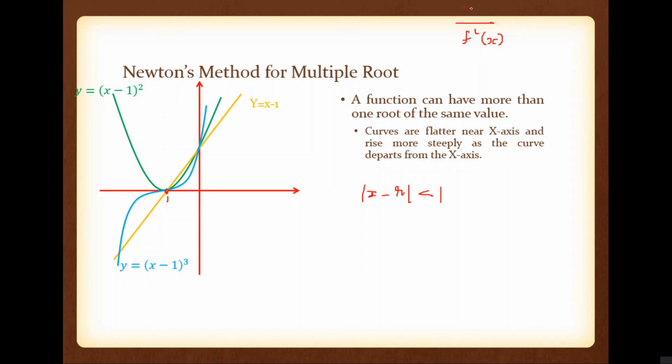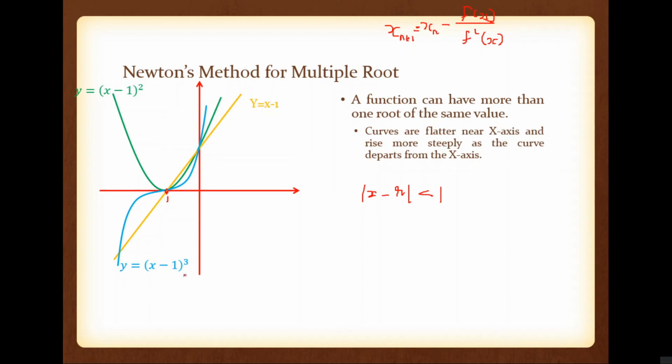F of x divided by f dash of x is the corrective term. xn plus 1 equal to xn minus this term. So this part is becoming smaller and smaller, very near to the root, as f dash of x becomes small.